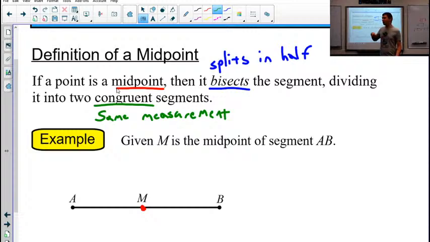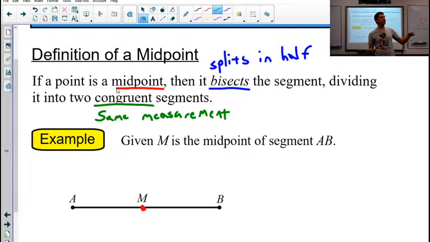And we use that to talk about all kinds of different geometric shapes or figures. So anything that we can measure, we can compare them and see if they're the same and say that they're congruent. So right now we're talking about segments being congruent. We'll eventually talk about angles that are congruent.